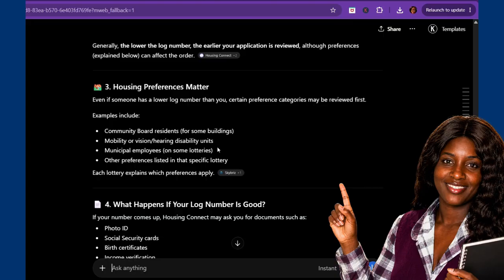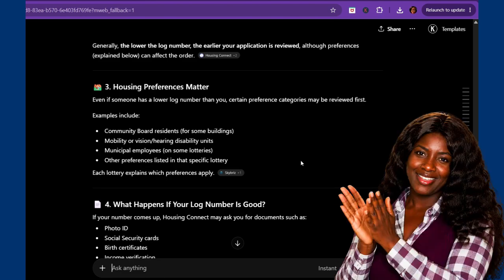So it's saying these people could get called before you. Also municipal employees on some lotteries, or other preferences listed in that specific lottery. Each lottery explains which preferences apply.